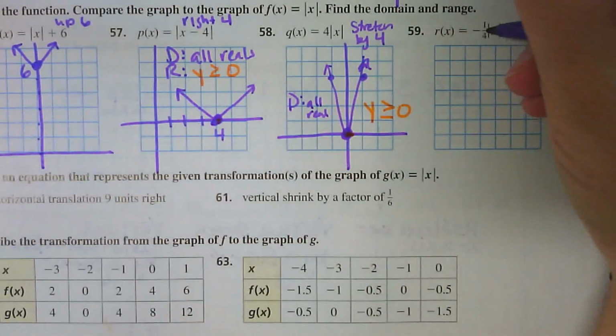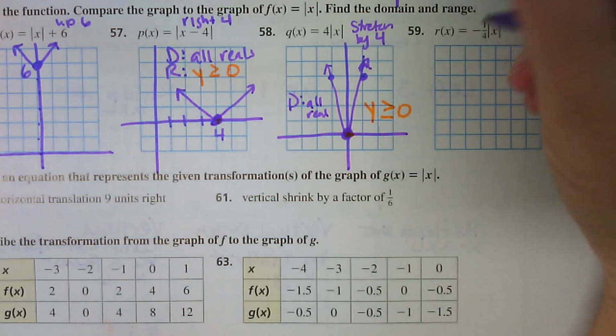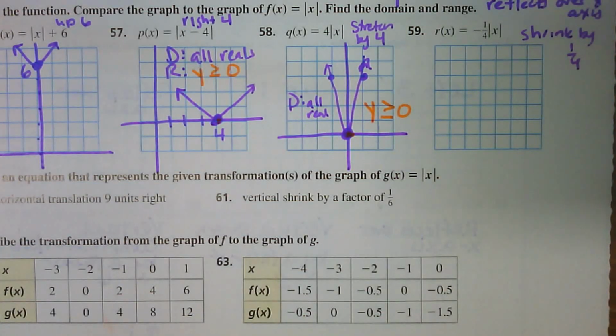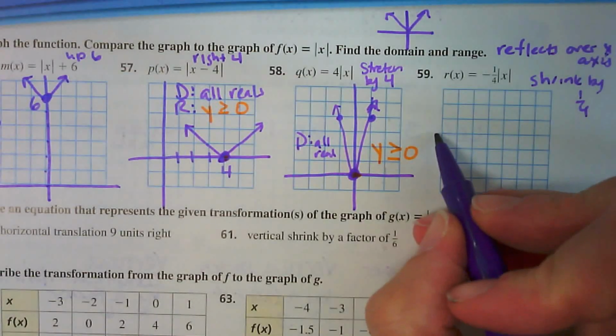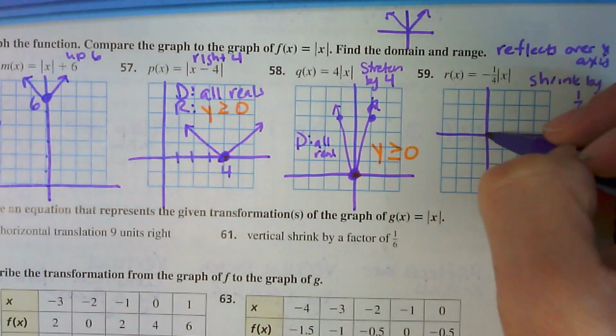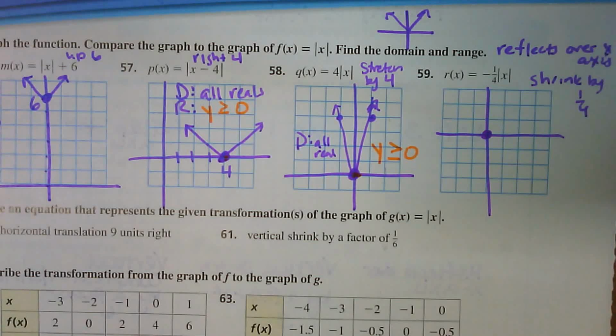Okay, the last one. The negative reflects over the x-axis. The 1/4 is a shrink, so that's a change in our slope. When we go to graph this, we didn't go left, right, up, or down, so we're still here at 0, 0.